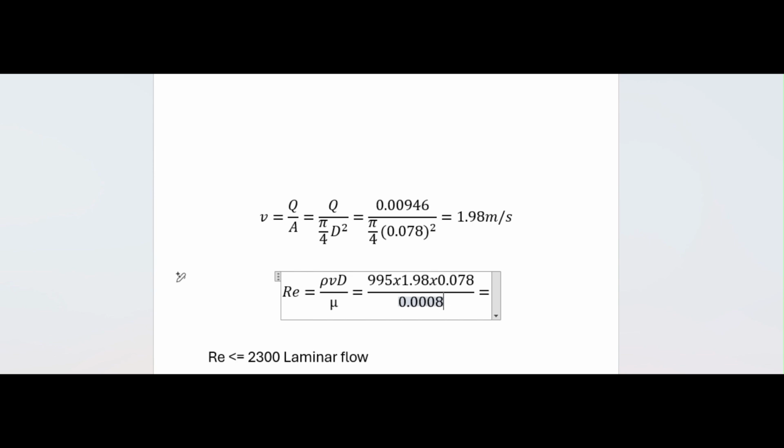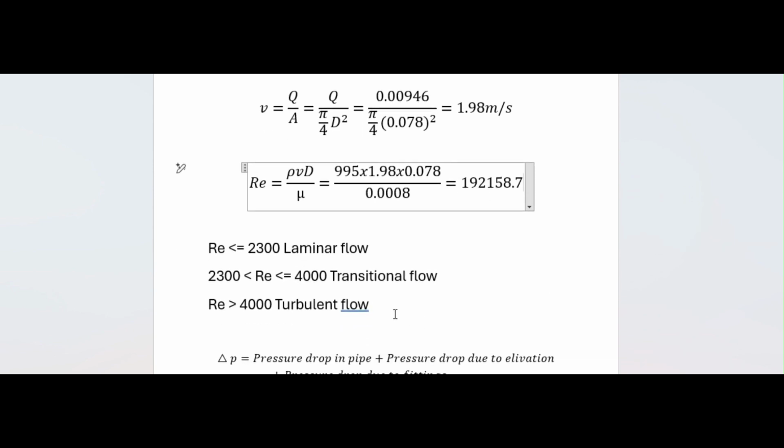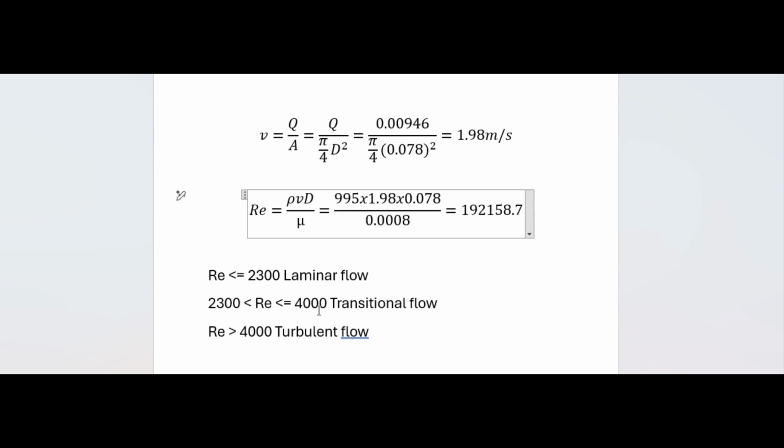This should give us around 192,000 for the Reynolds number. That puts us into the turbulent flow regime. So with that, we can select a correlation that's suitable for turbulent flow.